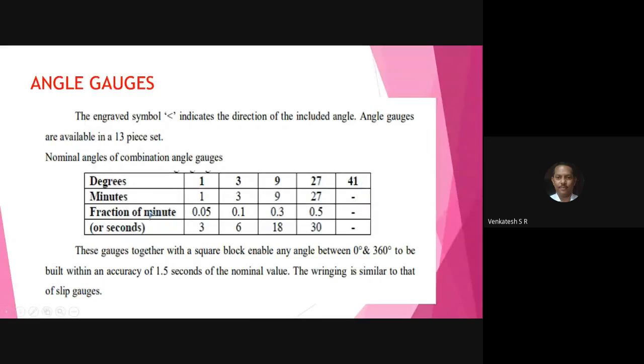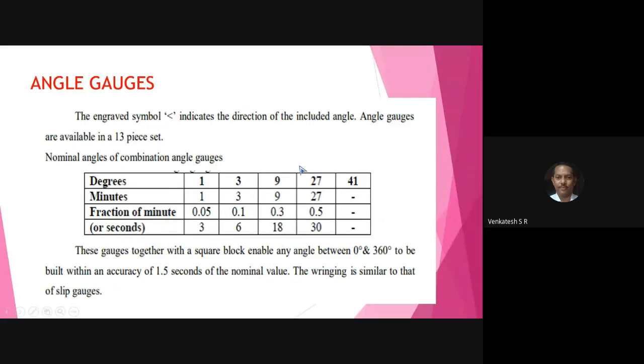And also the minutes available are 1, 3, 9, 27. And the seconds, if you divide the minute 60 times, are available as 3, 6, 18, 30. So you can use different angle gauges in combination, and from that you can calculate the angle.